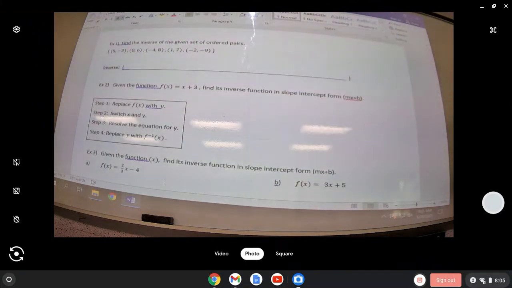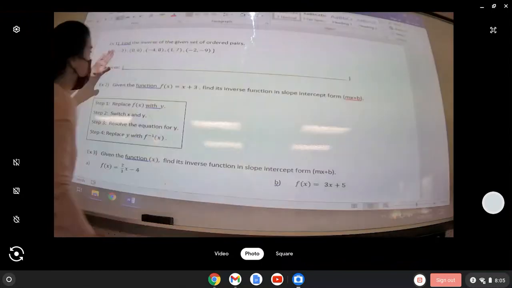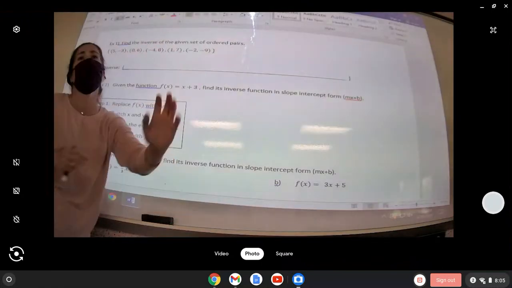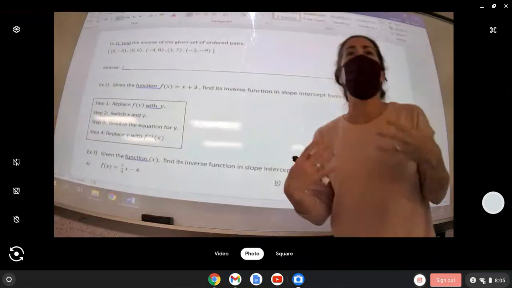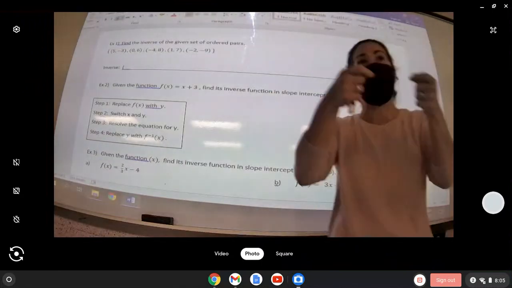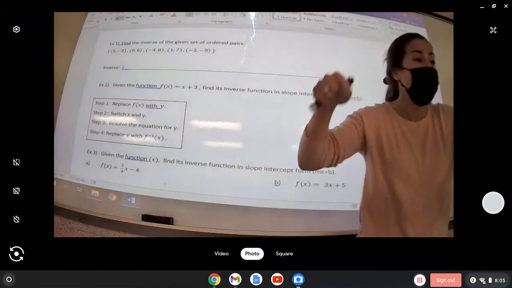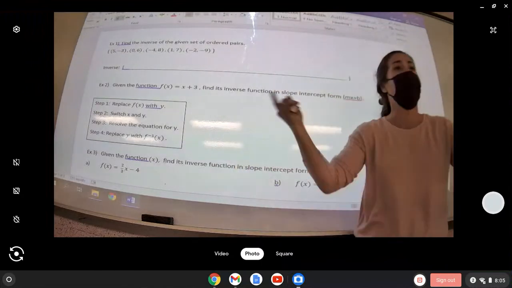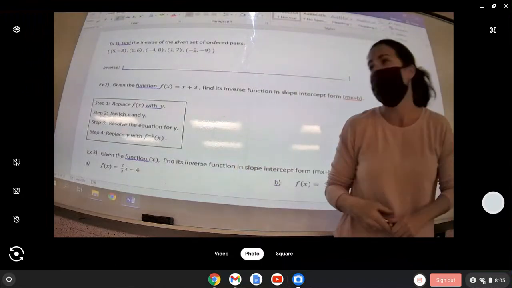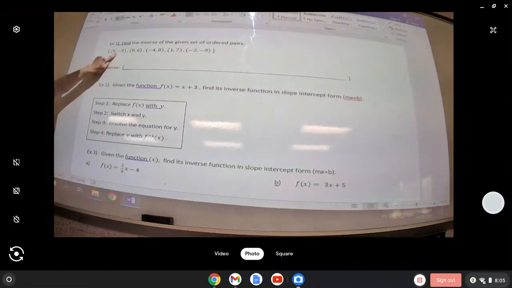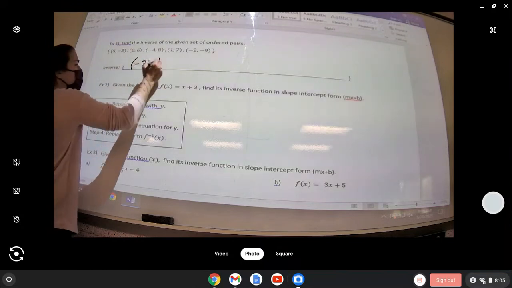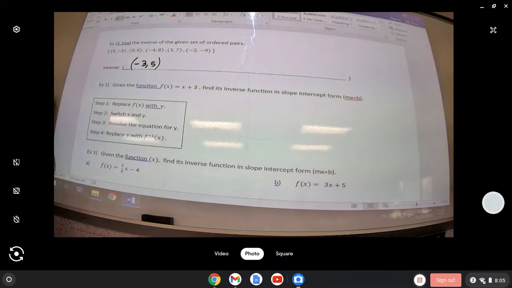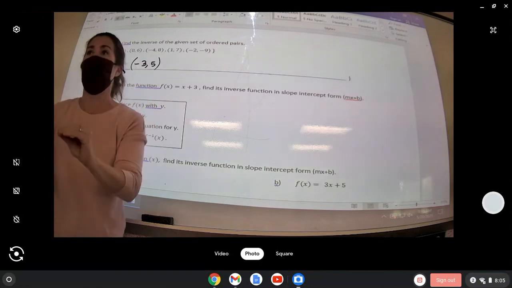Okay, so for example 1, they want you to find the inverse of the given set of ordered pairs. Guys, this is as easy as the questions are going to get. If they want you to find the inverse of a set of ordered pairs, all you have to do is take all those ordered pairs and switch x and y. So if this is a point for the original function, then the inverse would have the point -3, 5, right? And remember, ordered pairs tell a story.